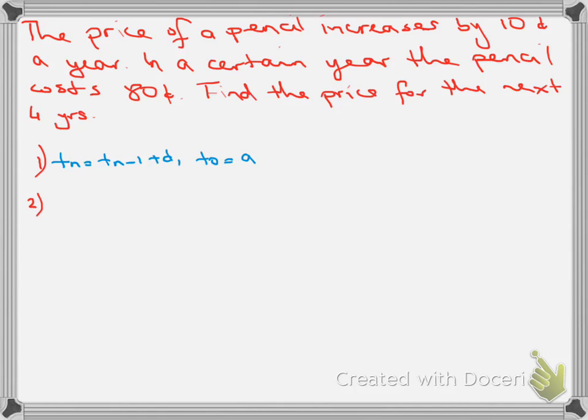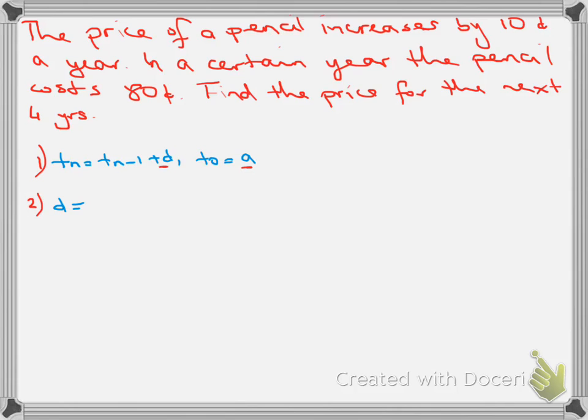Second thing that you need to do is tell me what the actual D and A are equal to, and you can find this from the question itself. So in this case, if we start with D, D is the amount that the pencil goes up every year.